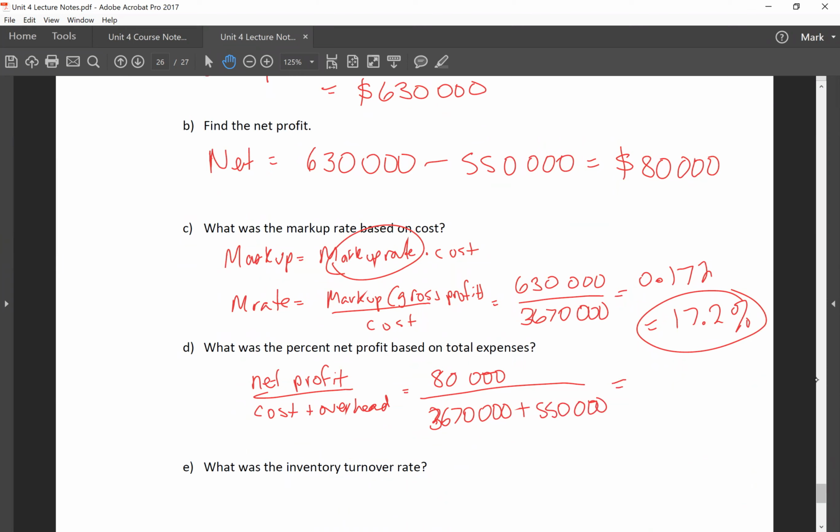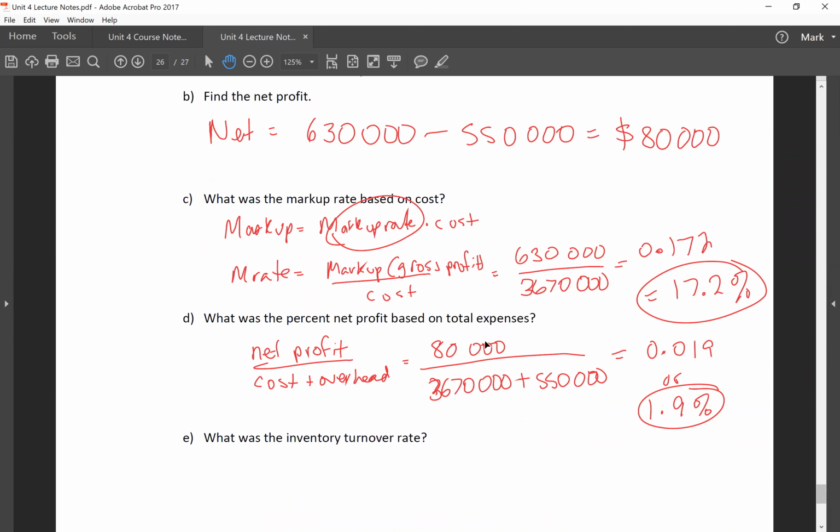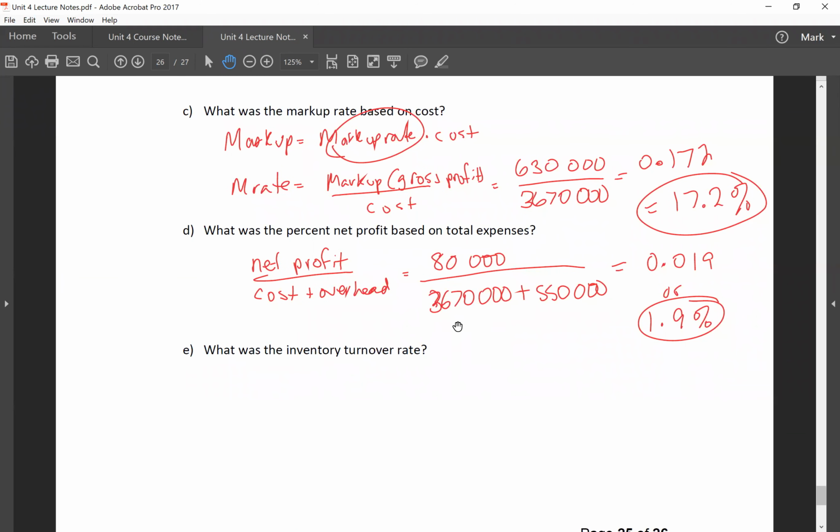And when you do that, you will get 0.019, or 1.9%. Or some of you said 1.8, that's fine. I don't care. 1.9, 1.8, that's perfect. And the finale, what was your inventory turnover rate?